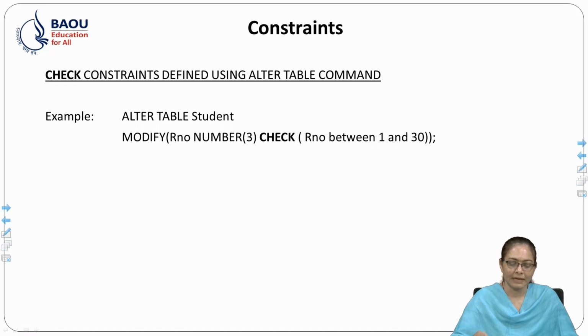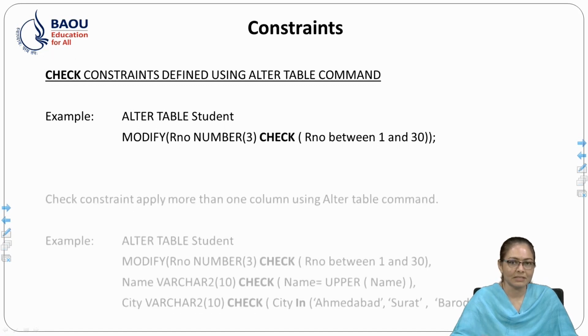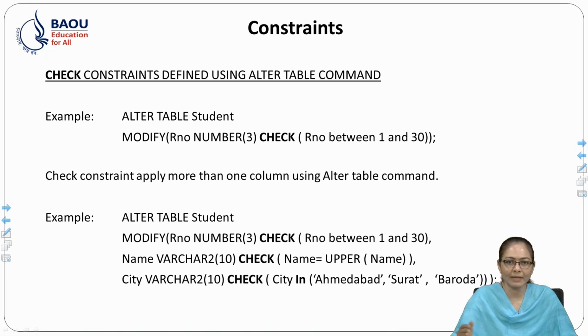After the table exists, the check constraint can be applied on more than one column using the alter table command. For example, alter table student, modify in the bracket roll number, number and 3.